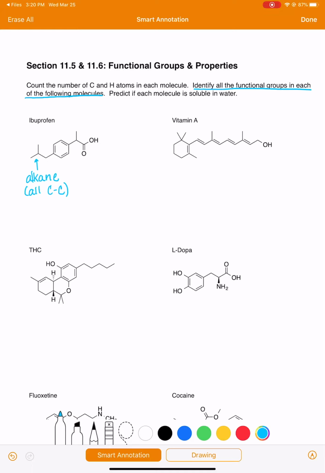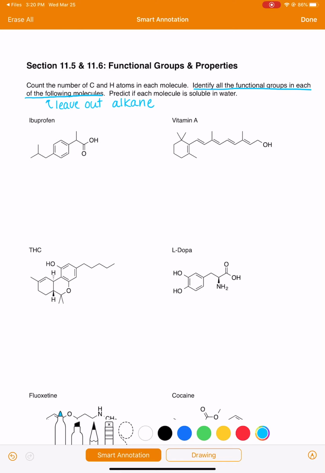That's a pretty boring functional group. Chemists in general don't count alkanes when counting up functional groups because they're everywhere and not that interesting. So when you're asked to find the functional groups in a molecule, you can leave out the alkanes. We're looking for something other than alkanes.